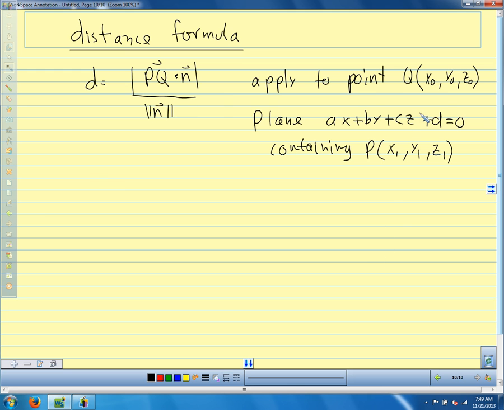If we plug all of these values in, the components of our normal vector, point Q is x0, y0, z0, point P is x1, y1, z1, and write out the expression with all of these pieces put in, we can say that our distance is the absolute value of ax0 plus by0 plus cz0 plus d, all over the square root of a squared plus b squared plus c squared.